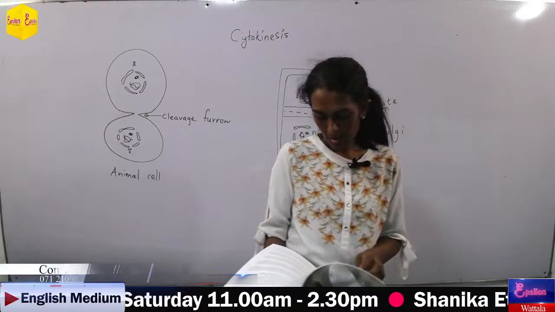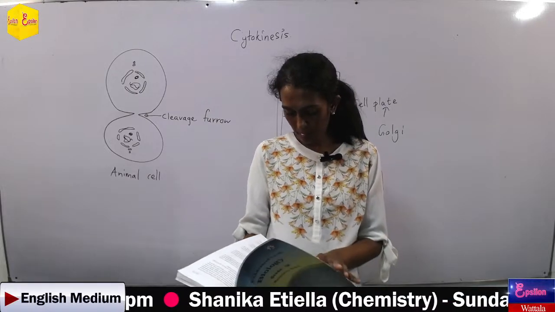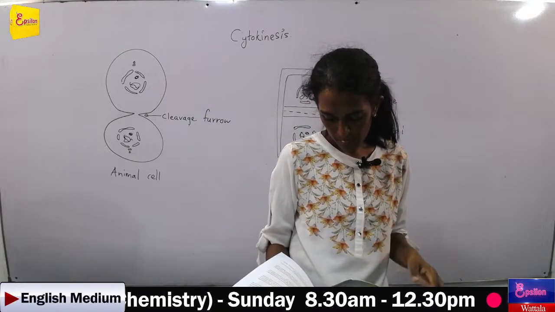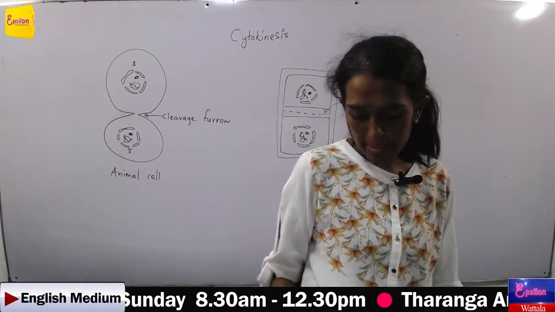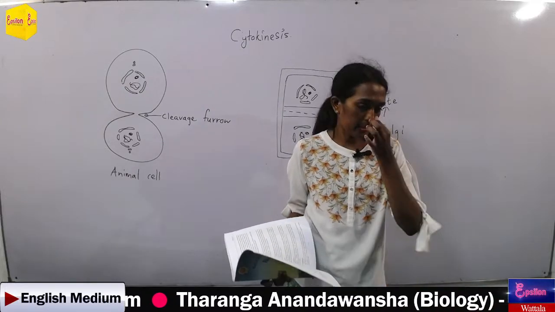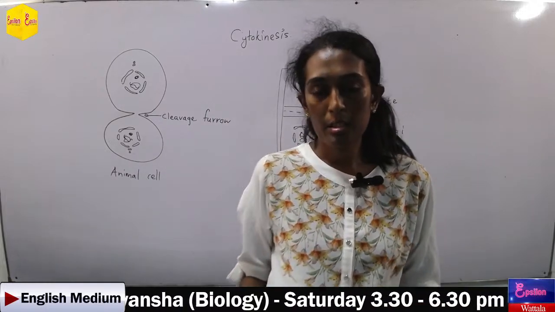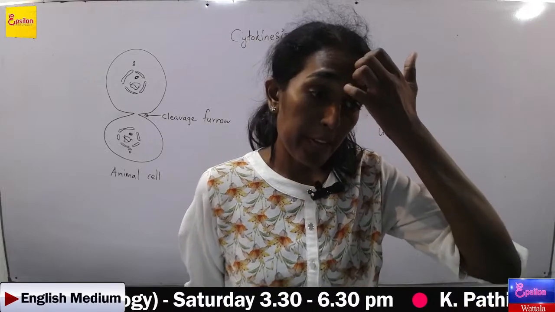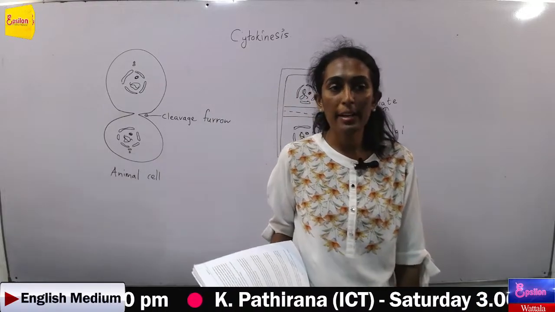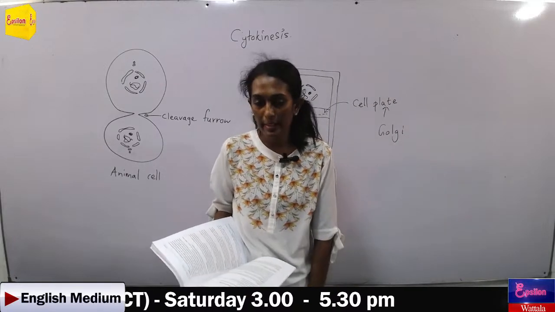Therefore, at the end of mitosis, two genetically identical, within brackets, to each other and their parent cell.